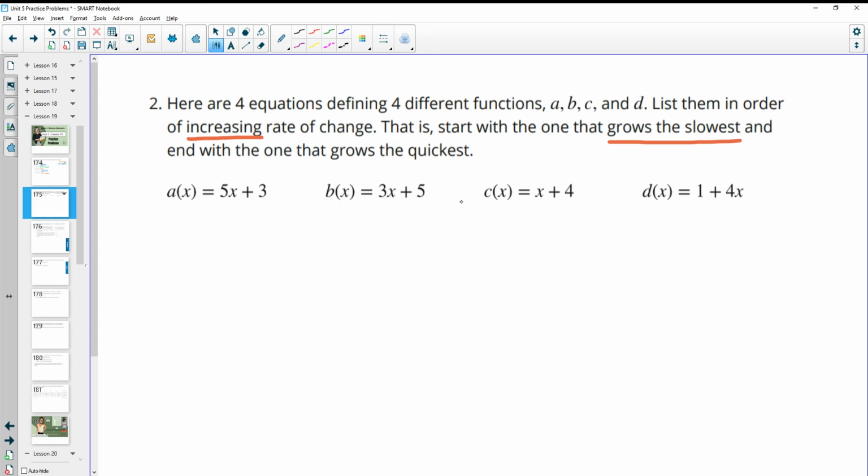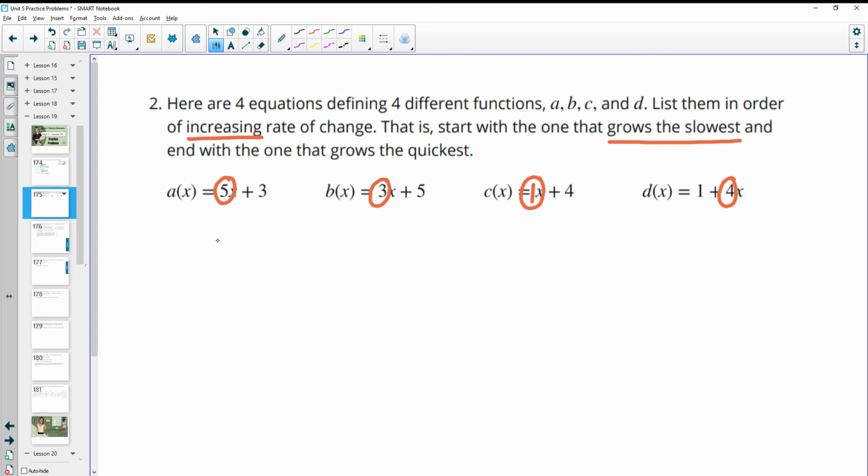So all of these are linear, so we're looking at the slope of each one. In A, it's 5. In B, it's 3. In C, it's 1. And in D, it's 4. So that number right in front of the variable is multiplied by the variable. The larger the number, the steeper the slope, or the steeper the rate of change.